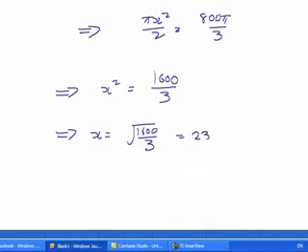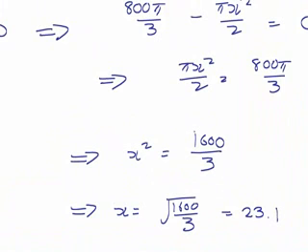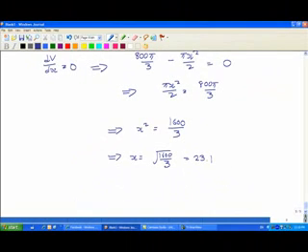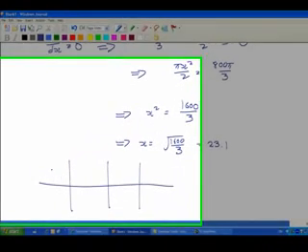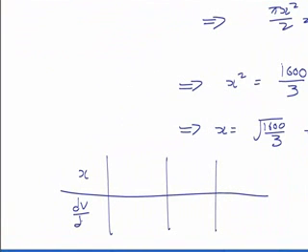Now, at this point, you can sub the x into the original equation to find the corresponding y value. But before you do that, for this type of min-max question, you will have to do the testing again to show that it's actually a maximum.